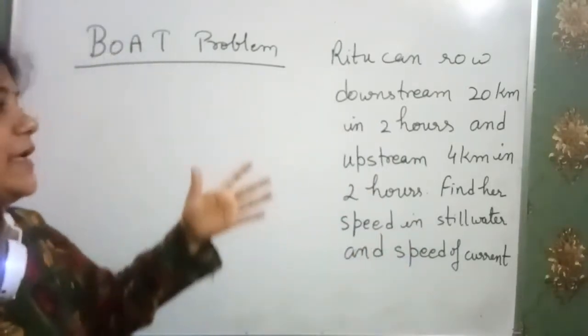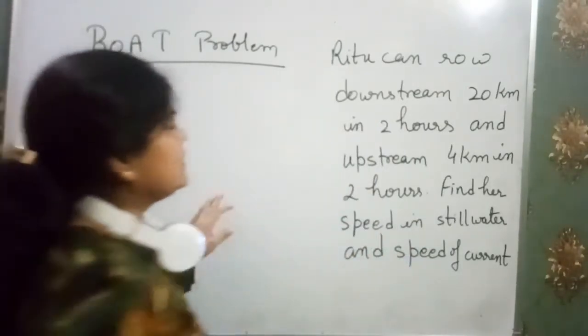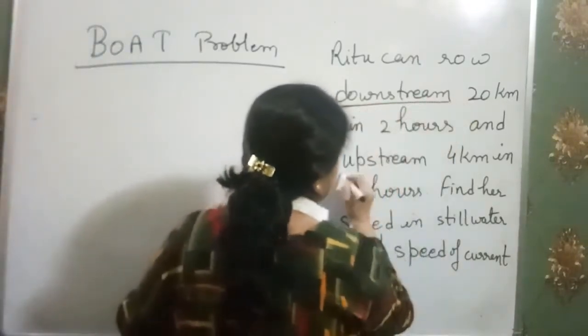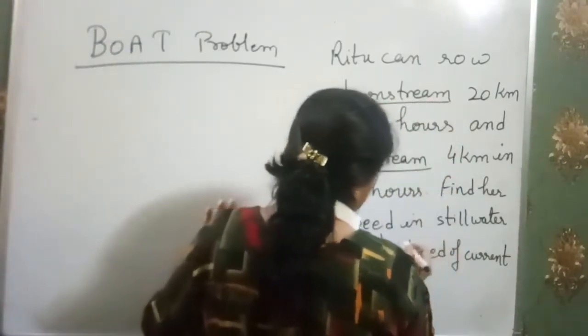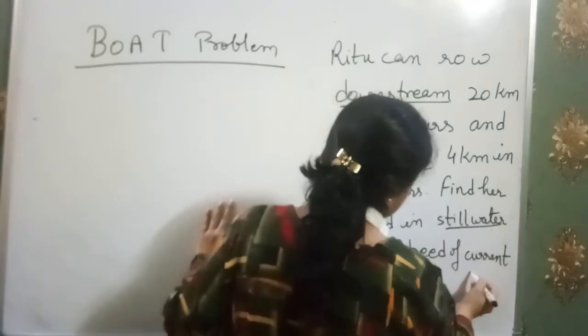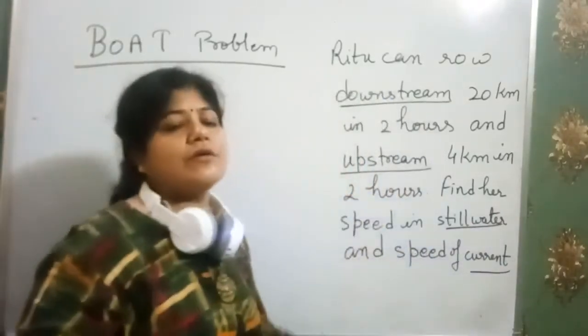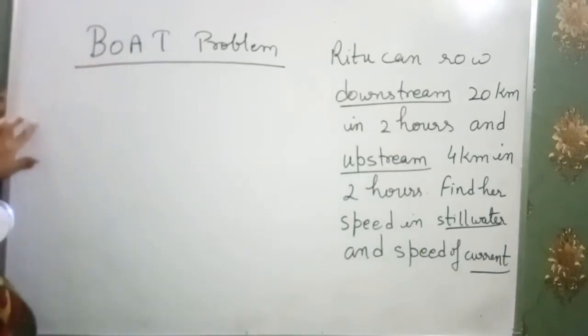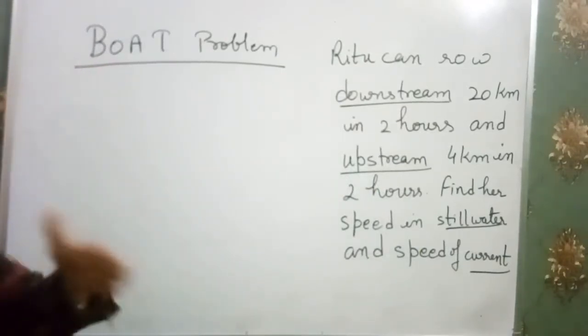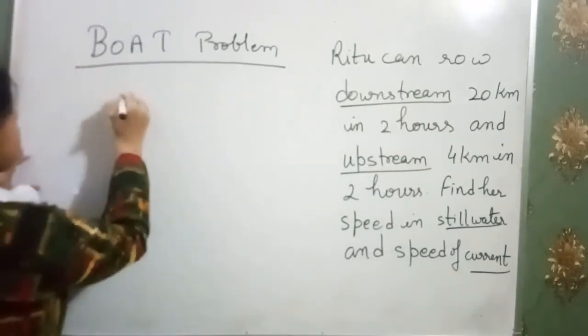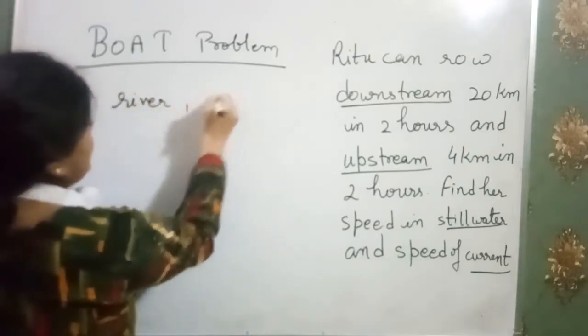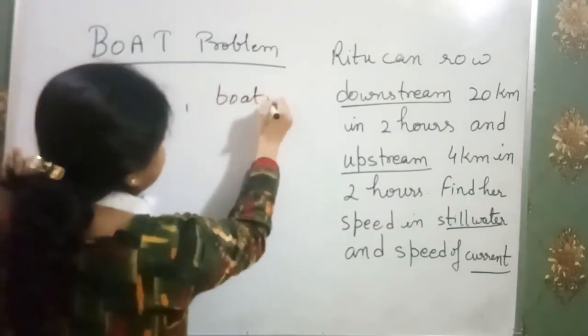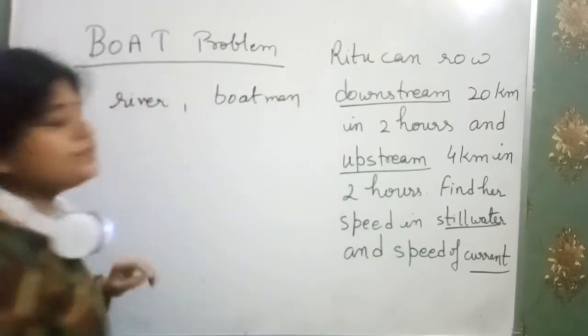Firstly, I want to explain what all these things are. There are new terms like downstream, upstream, still water, current. What do all these mean? In boat problems, whenever we row, there is a river and a boatman who rows the boat.